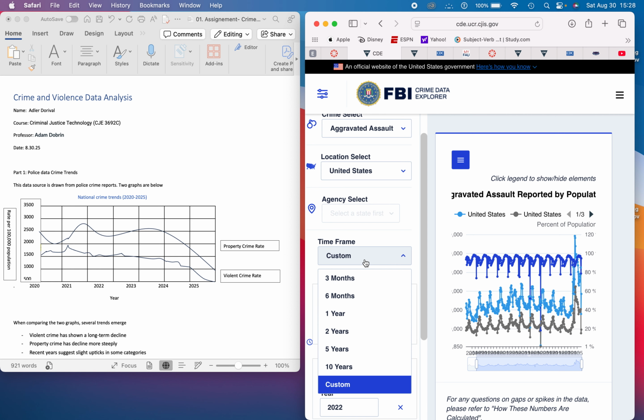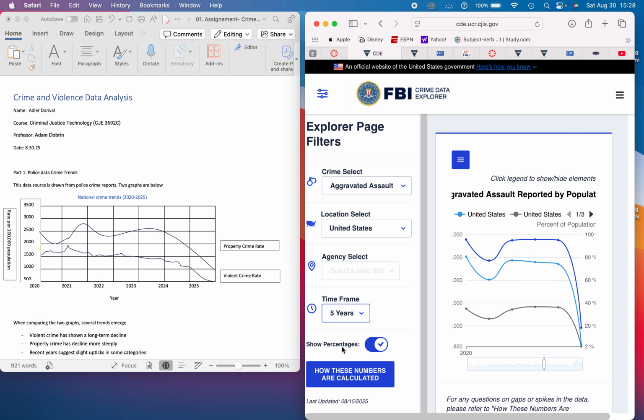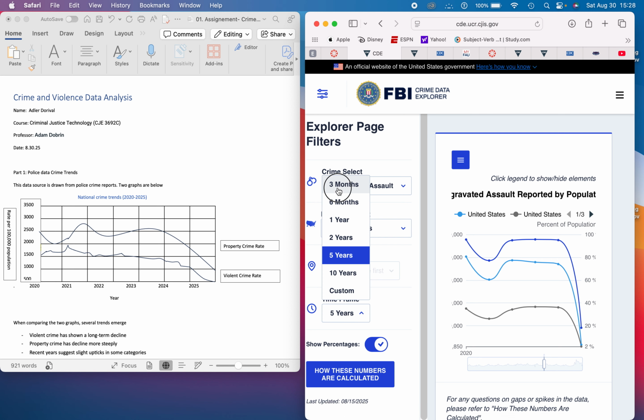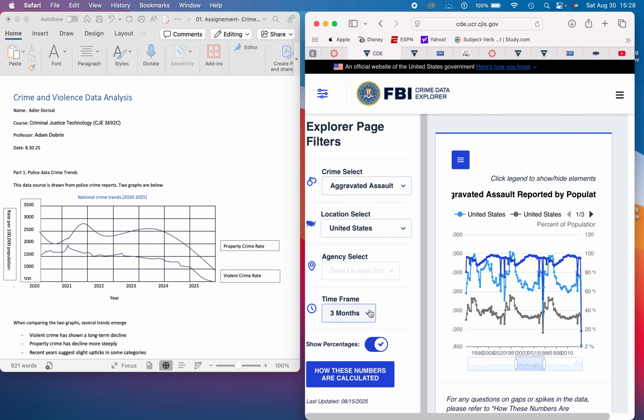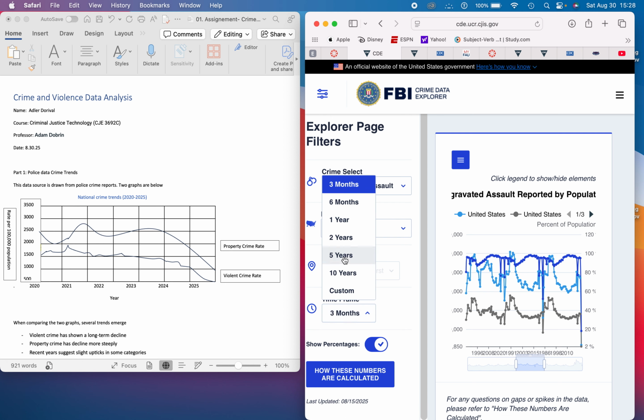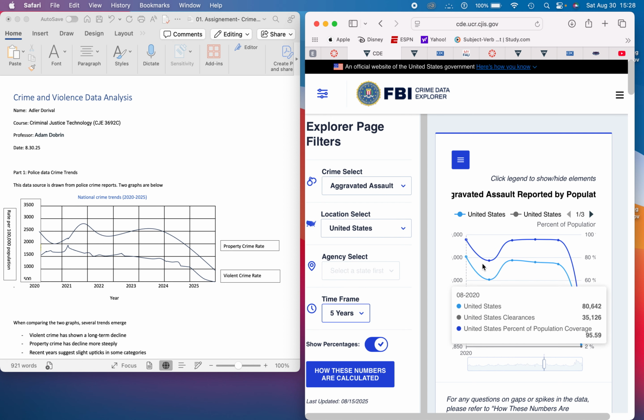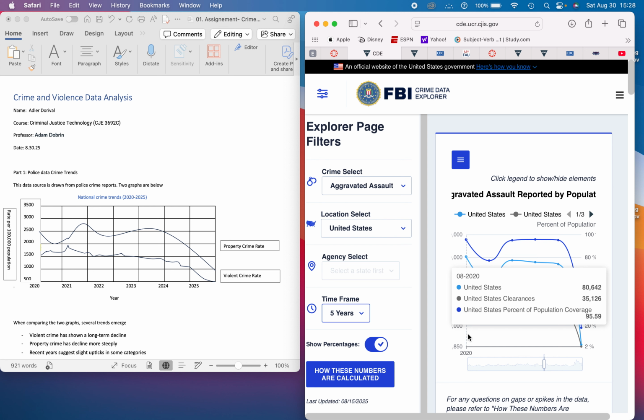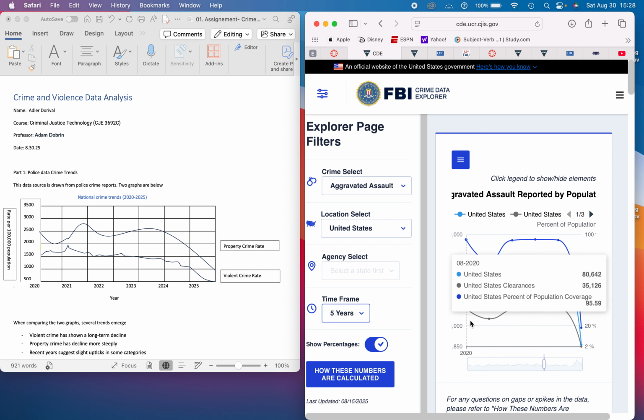I picked 5 years because I just want to get more accurate data. As you can see, the moment I click the 5 year time frame, versus, let's say, 3 months, it would be completely different. So I click 5 years, and this is what I got from the United States, the light blue all the way up.